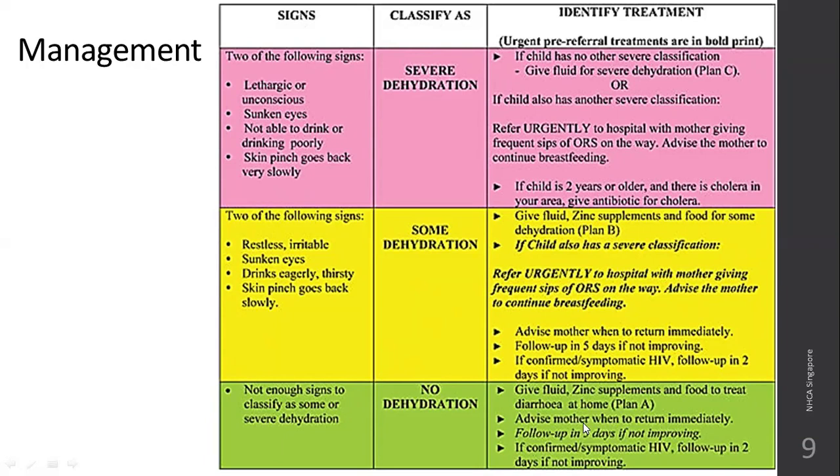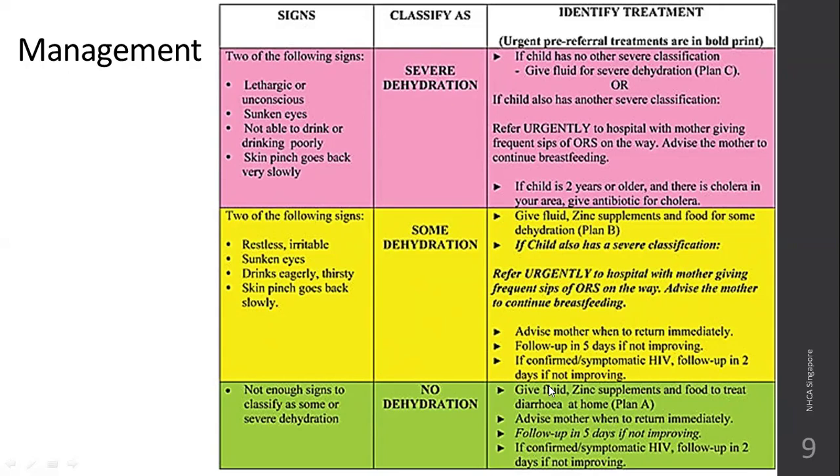When the child has no dehydration, no signs and symptoms of dehydration, you have to make sure of that. For example, when you do the skin pinch test, you will not see any time lag of the skin going back. Here you have to give fluid and zinc supplements as well. Home-based meals are given.